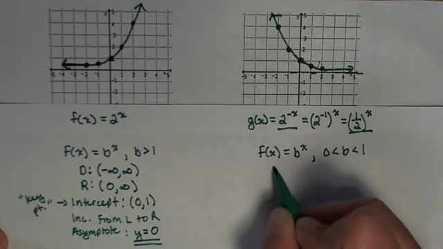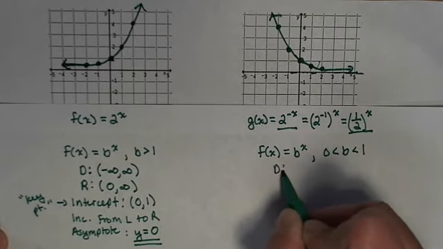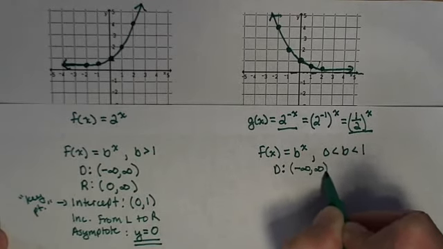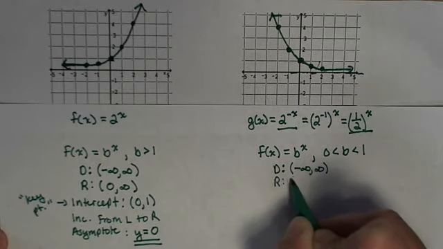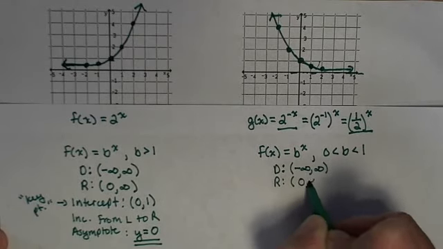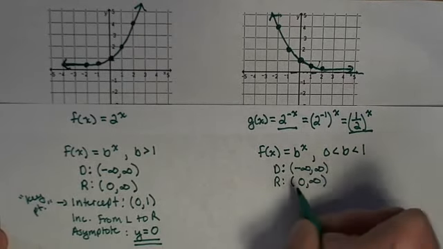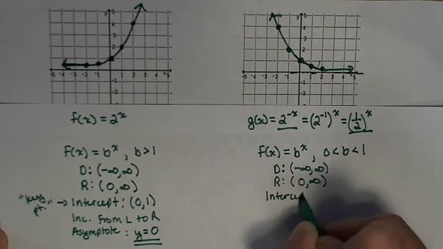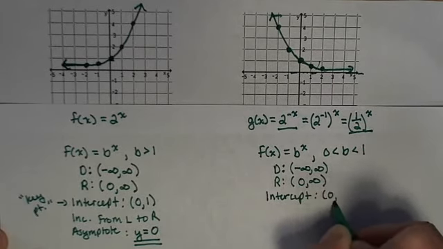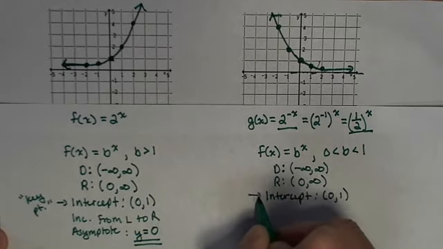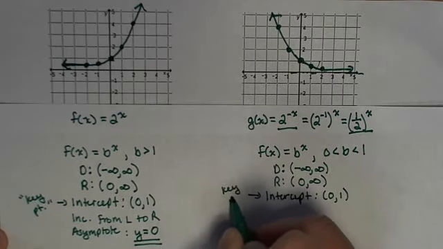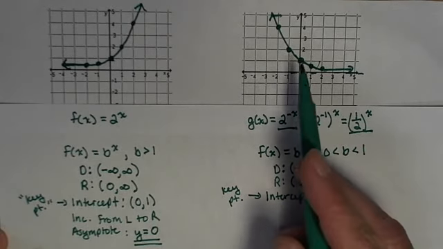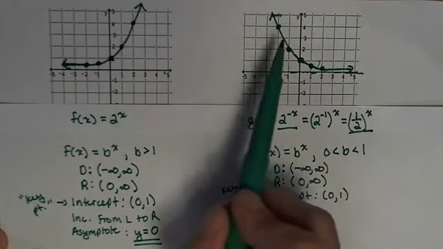Now there's a lot of things that are the same as the previous graph. The domain is still negative infinity to infinity. The range is still 0 to infinity. The intercept, or key point as I'm going to call it, is still (0, 1). So again, still the key point. The difference is, though, that this graph is decreasing from left to right.